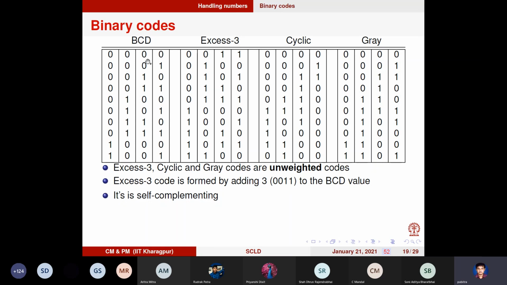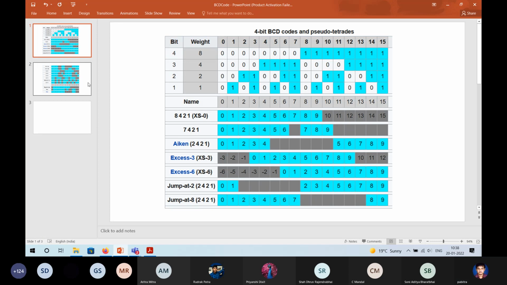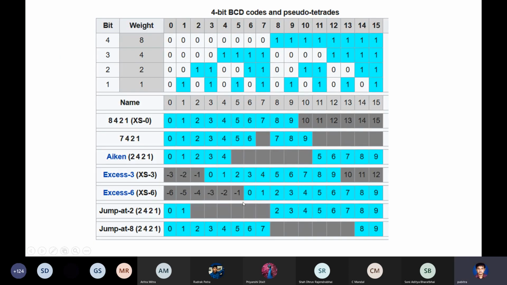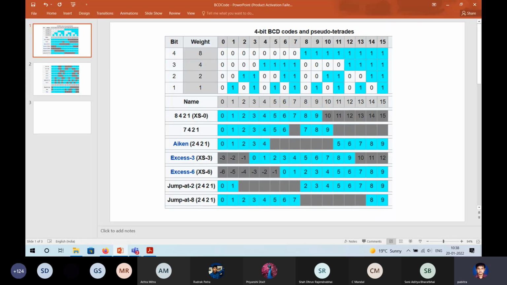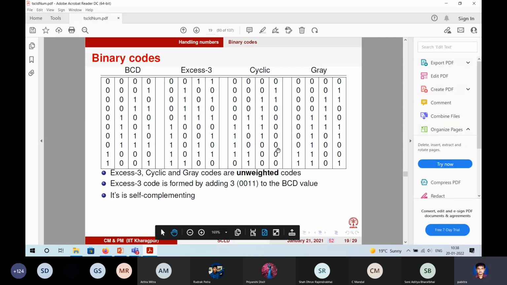Basically everything is shifted. If you remember this picture, let me come back to it. You see everything is just shifted by 3. So that's easy to do.